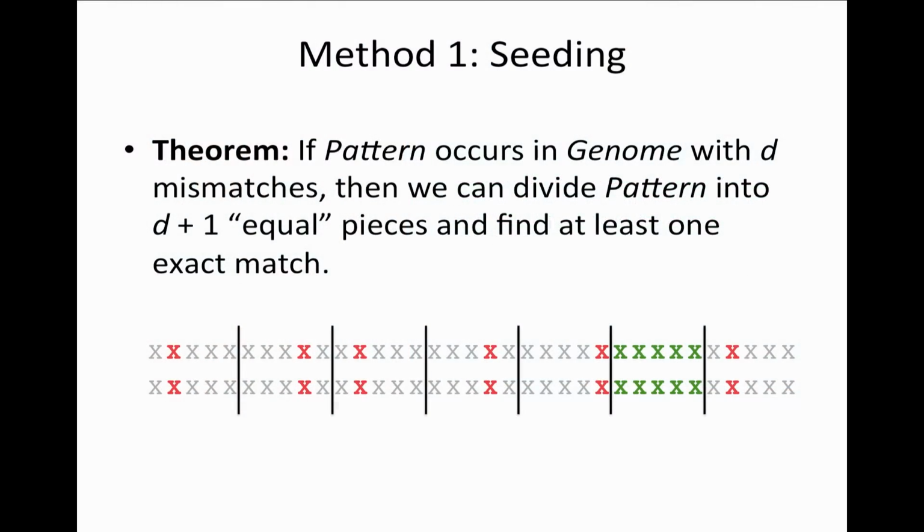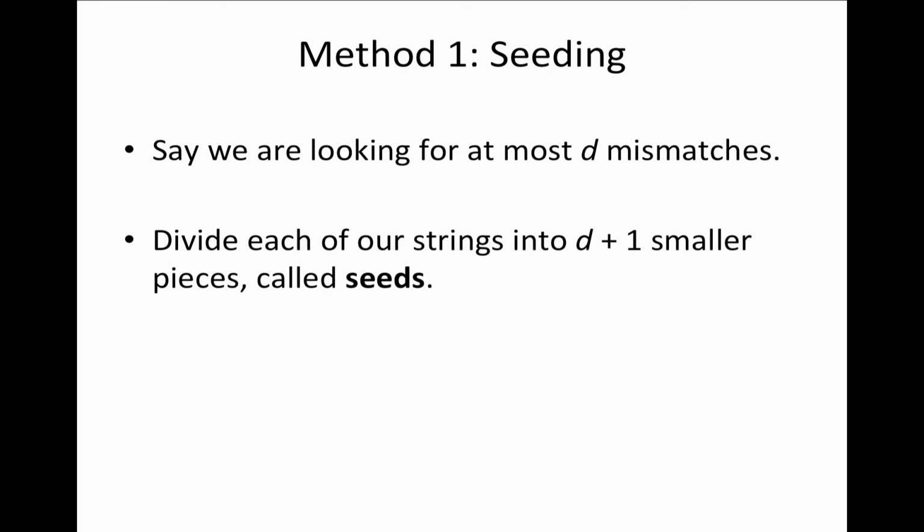And so this is generalizable: whenever you have D mismatches, if you divide this pattern into D plus 1 pieces, you'll have at least one of these smaller strings exactly match the genome. So this sets up a method called seeding. If you're looking for D mismatches, you can divide each of your pattern strings into D plus 1 smaller, approximately equal pieces, and these pieces are called seeds.